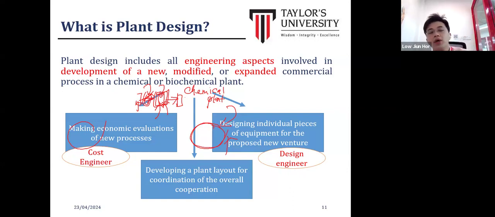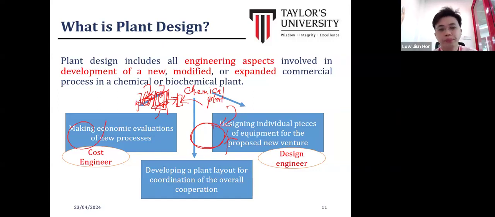Why? Because the main function of a design engineer is to design the mechanical part or the drawing of the equipment that you are going to use in your chemical plant.